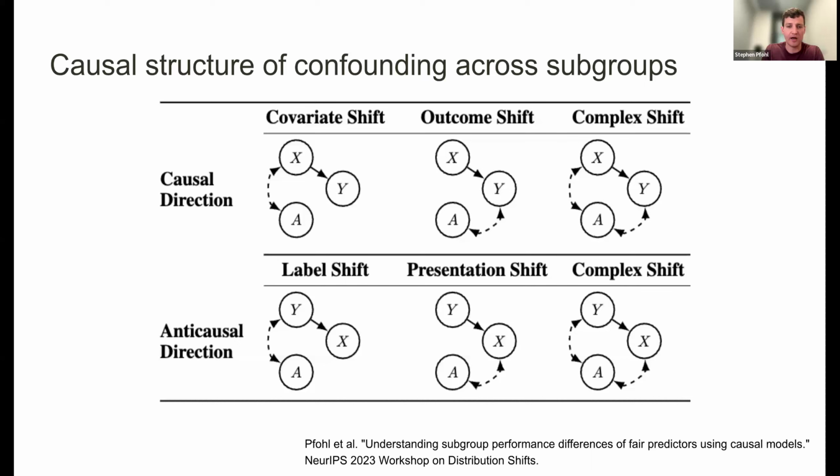And so I'll note that these graphs have been used quite a bit to describe the behavior of machine learning models under distribution shift. The two graphs discussed in the previous slide are analogous to those in the first row here. We can call those the causal direction because the Y outcome is causally downstream of our covariates X, as in a prognostic context. And the bottom row shows the anti-causal setting.